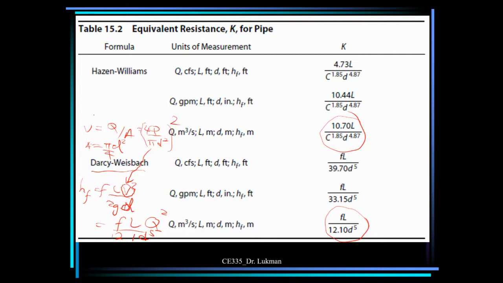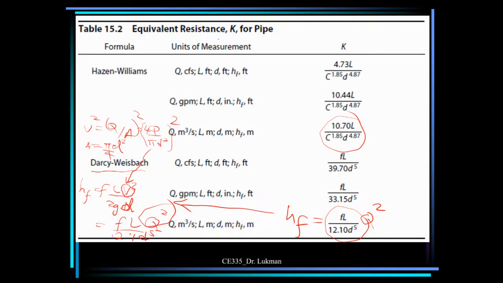Don't forget, you square it, so d squared will turn out to be d to the power of 4. Then the constant 12.1 is simply 16 over pi squared times g times 2. It will give you 12.1. So it's simply Q squared here, and this is HF. This is how this was obtained.